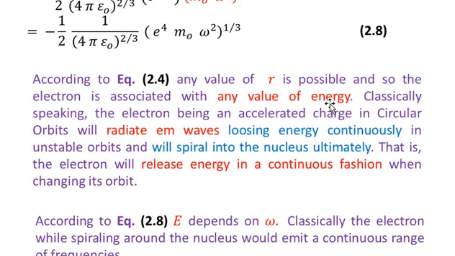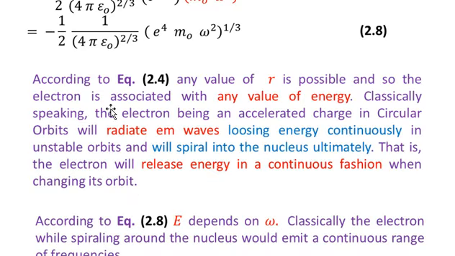Classically speaking, the electron, being an accelerated charged particle in circular orbits, when it changes the circular orbits, will radiate electromagnetic waves, losing energy continuously in unstable orbits, and will spiral into the nucleus ultimately. That is, the electron will release energy in a continuous fashion when changing its orbit.